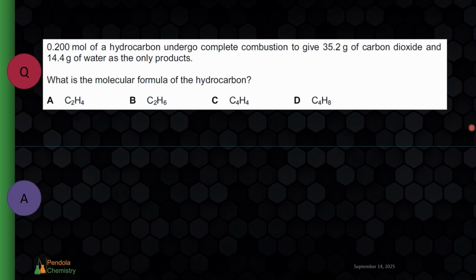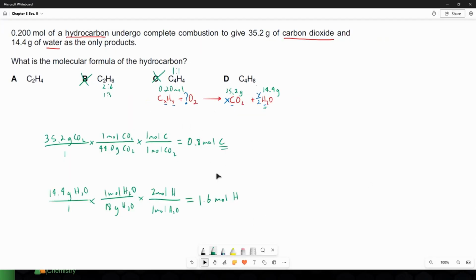We need to look at the ratios of carbon and hydrogen in this compound to the moles of the compound itself. So what are we going to do? We're going to do ratio. How do we do ratios? We divide things, right? So we're going to divide the amount of each element by the amount of the compound.